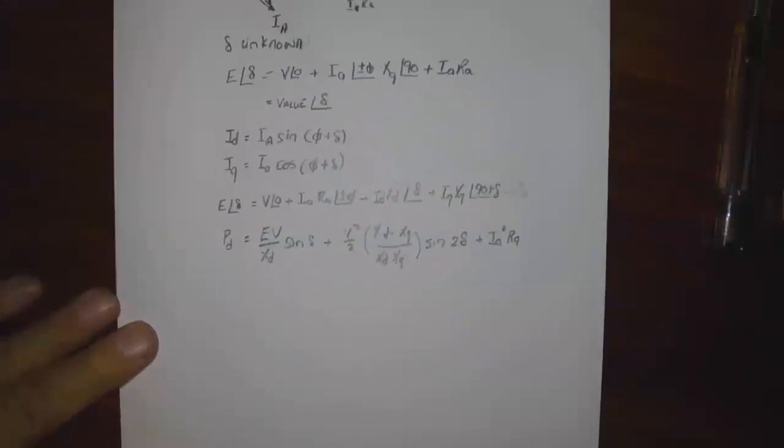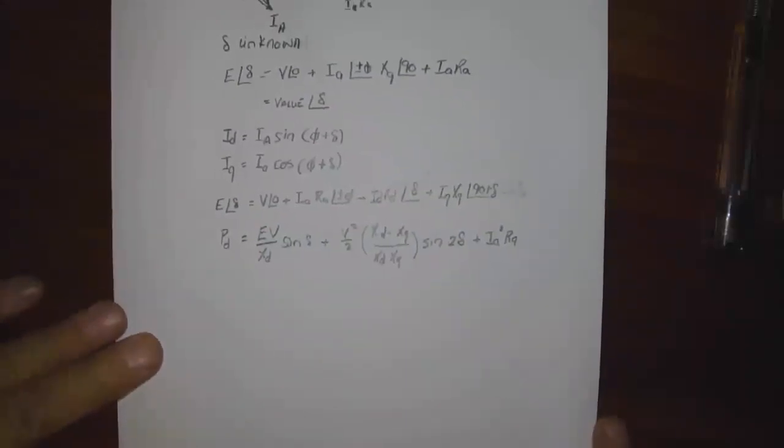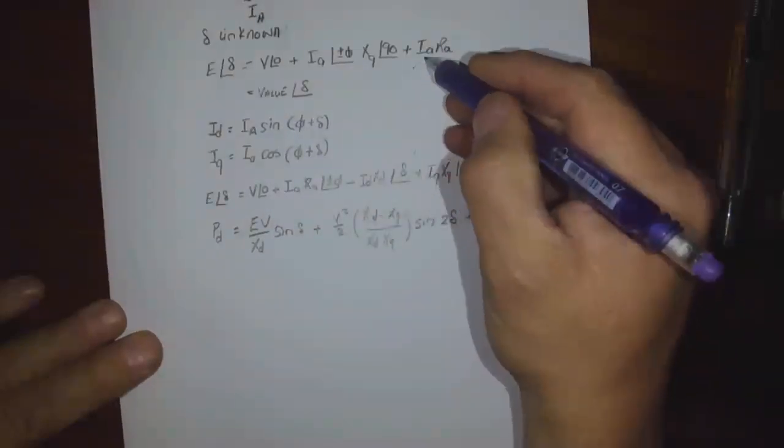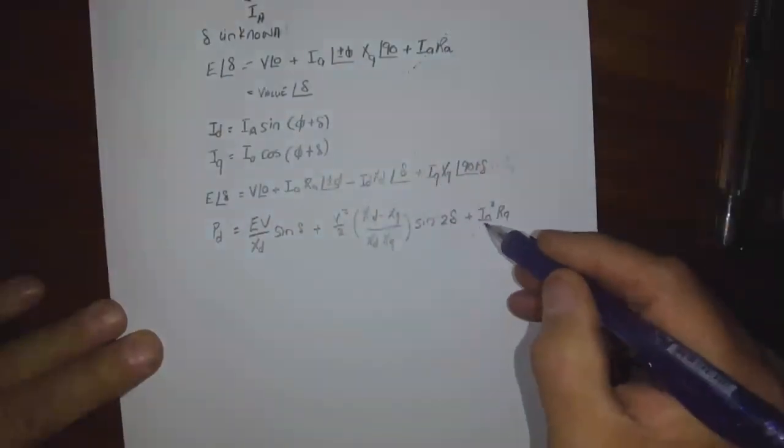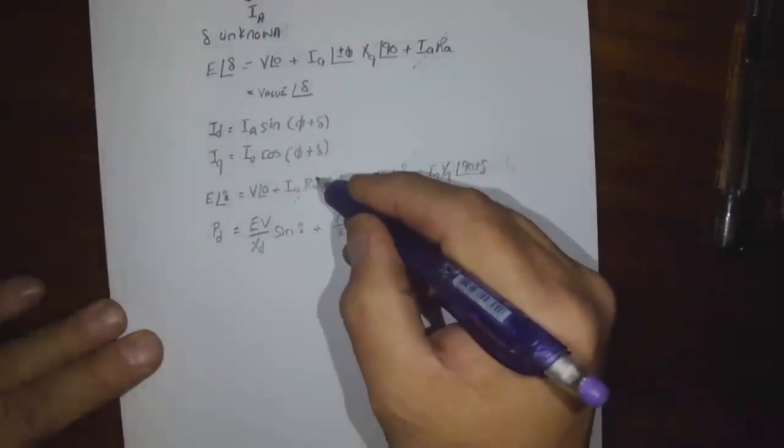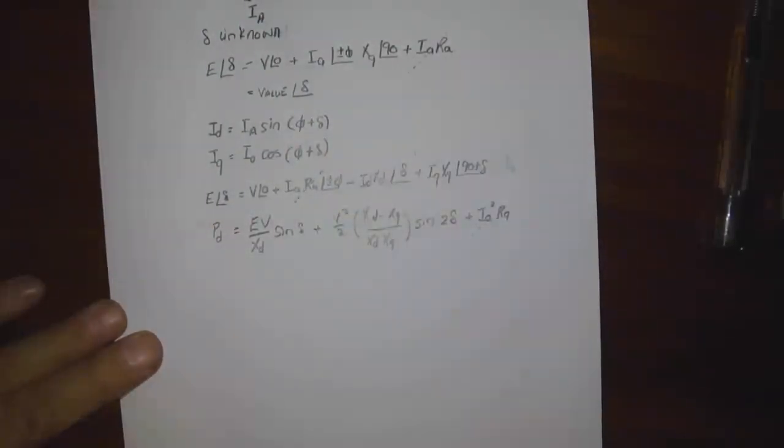Now normally, if RA is not given, you can ignore the last term. So you just leave it out.